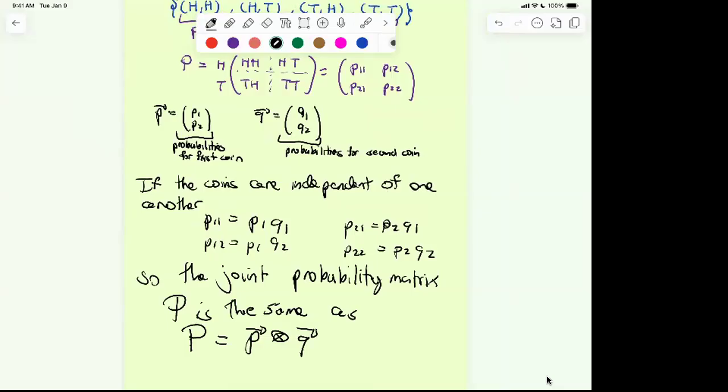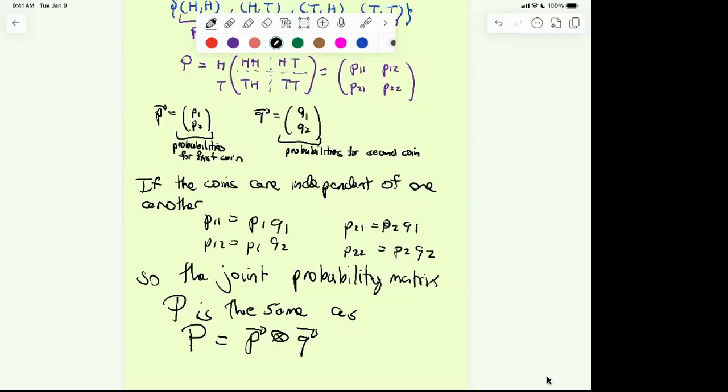So what that means is that if the probability matrix could not be written in this way, then there is some connection in the outcomes of the coins. So they are correlated. The outcome of one coin is not fully independent of the outcome of the other coin, and the events are not independent.